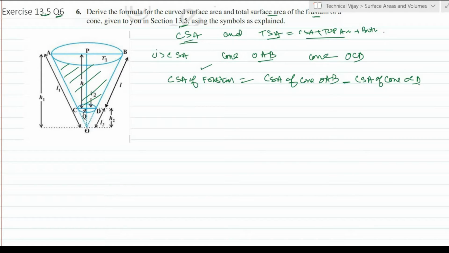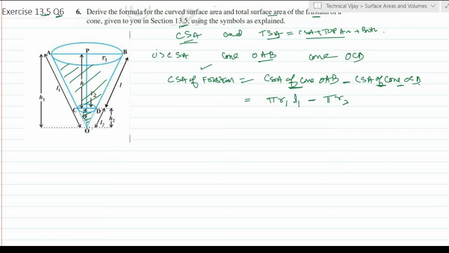The curved surface area of the frustum ABCD is equal to the curved surface area of this full cone, including this part also, minus the curved surface area of cone OCD, because we know the curved surface area formula for a cone: pi R L. For cone OAB, the radius is R1 and the slant height is L1, so pi R1 L1. Minus the curved surface area of cone OCD, which is pi R2 L2, where R2 is the radius and L2 is the slant height.